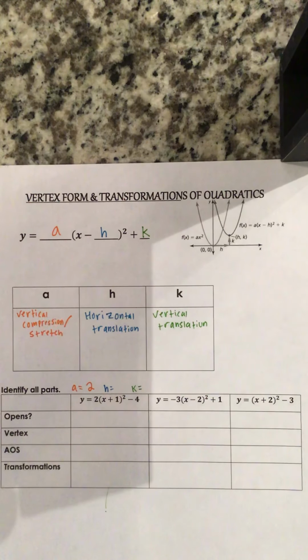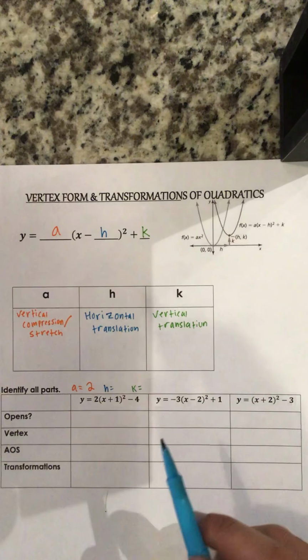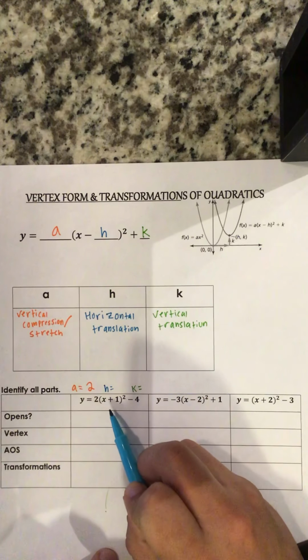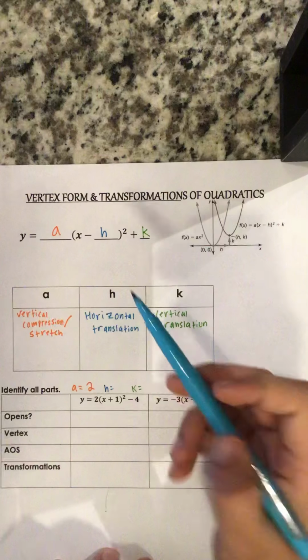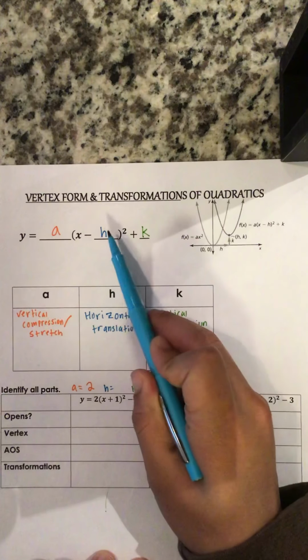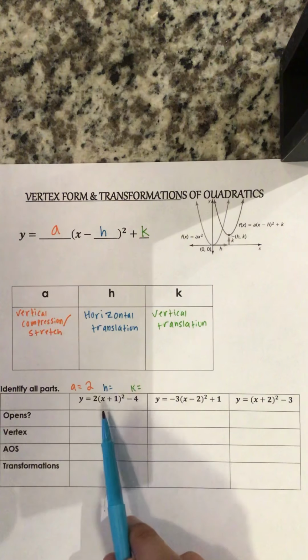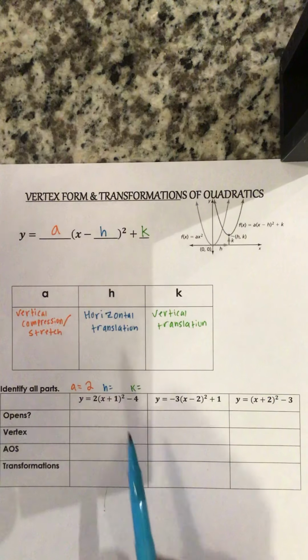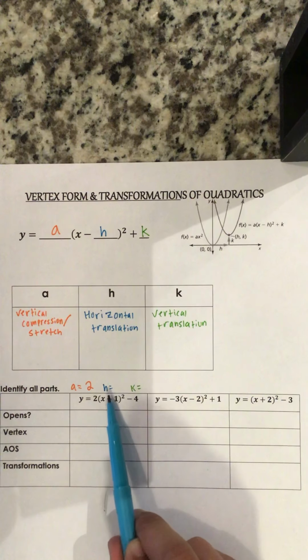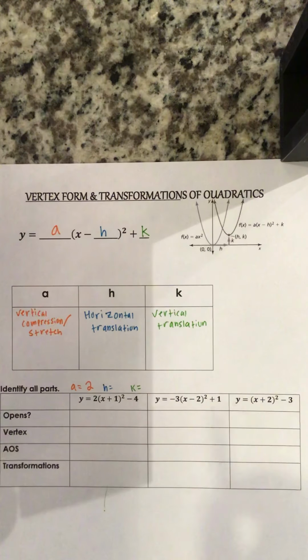Now, my h, this one's a little tricky. If you look inside the parentheses, it's a plus 1, right? But if we look up here in the equation, it's minus h, okay? So what you need to do to find out what your h is, you take the opposite sign of whatever's in the parentheses, okay?